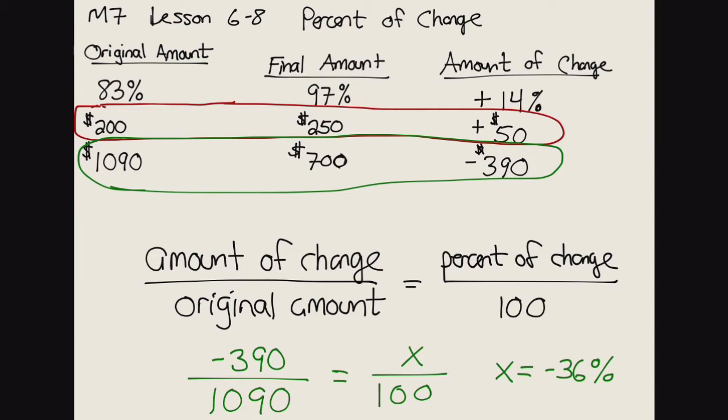Parker, if they ask you for the amount of change, where does the X go? And the amount of change. If they ask you for the original amount, where does the X go? And if they ask you for the percent of change, it goes where? Yeah, so you do know. You do know. Give yourself a little credit.